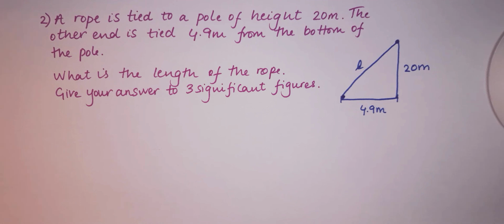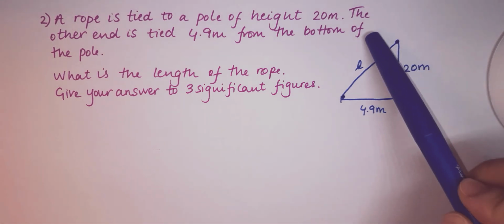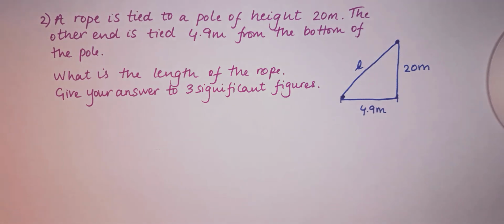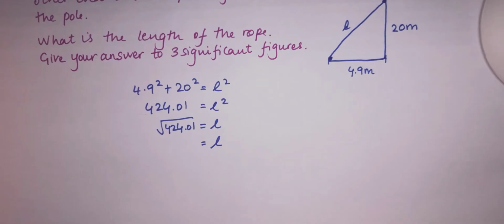And once we've visualized and drawn out what we're trying to work out, we can find out what formula we need to use. And here we see we're given two lengths and we have to find out the third length. So we need to use Pythagoras' theorem.